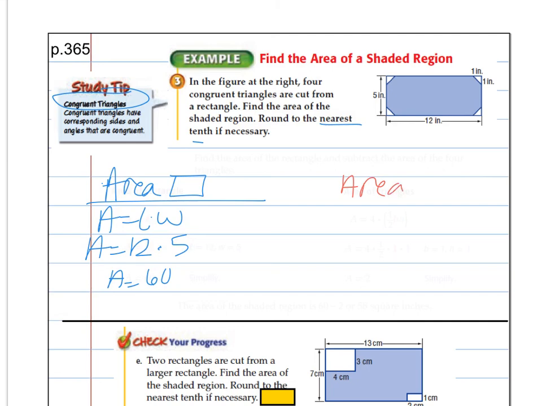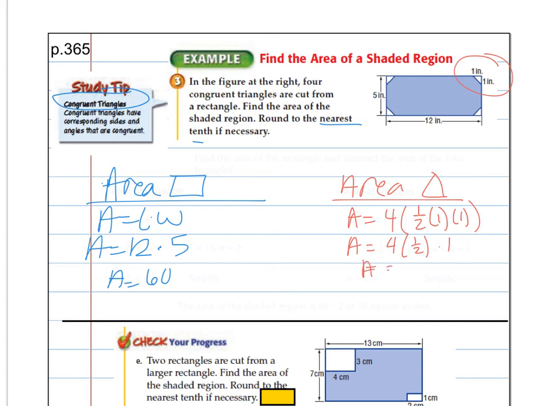And there's area of triangles. Notice there's 4 of them. Since they're congruent, I can find the area of 1 and multiply them. So there's 4 of them at 1/2 a base of 1 times a height of 1. So the area then would be 4 times 1/2 times 1, which is really just 2 times 1, so an area of 2 for all 4 of those added together.